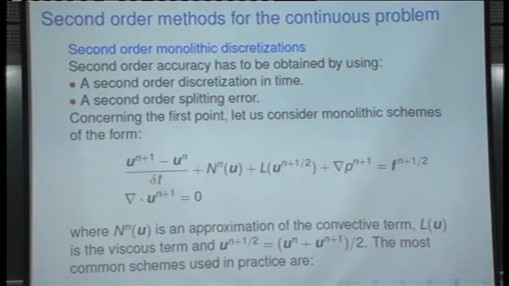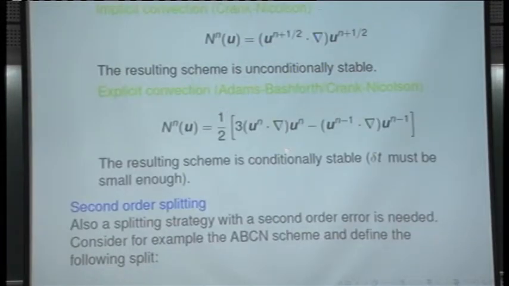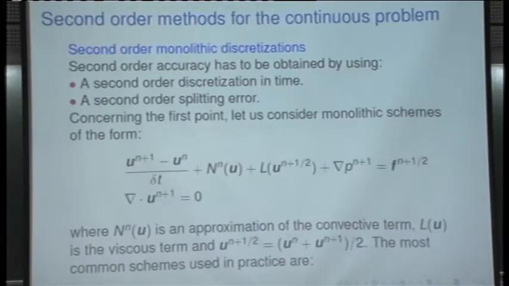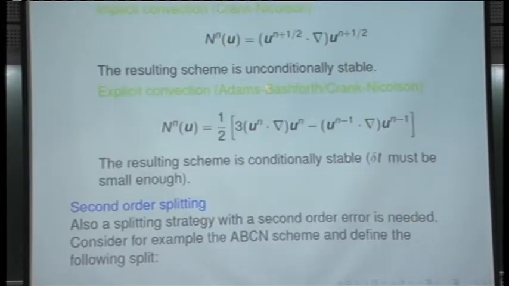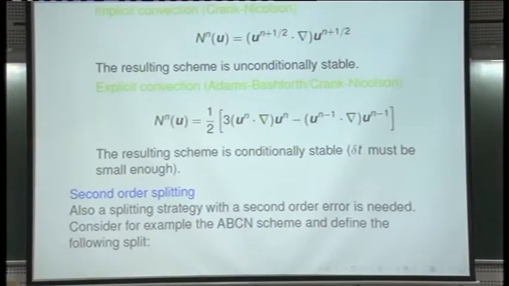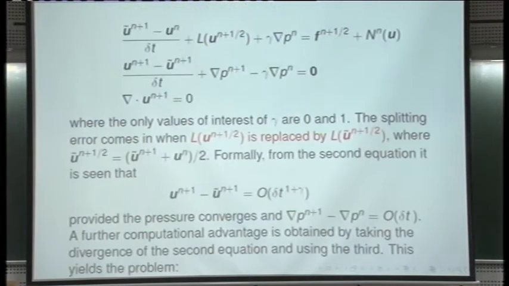And once we have it, we do a second order splitting, either Crank-Nicolson or the other methods that we saw, ABCN if you want. Then we do a second order splitting, which is this one with gamma equal to 1.